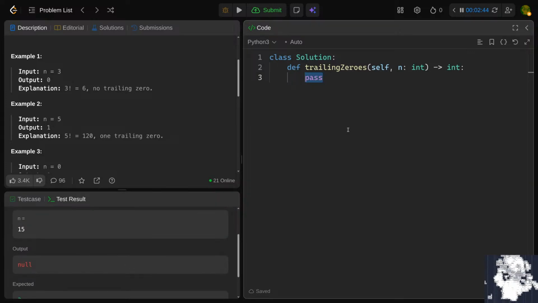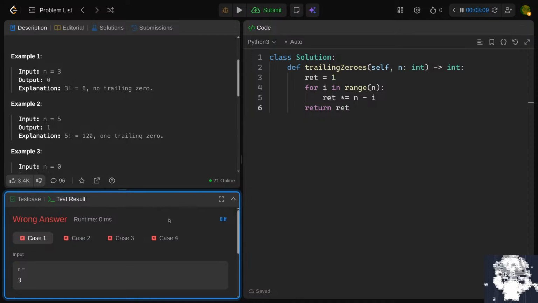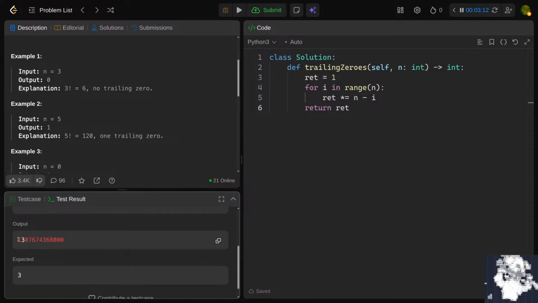I guess I do want to see, so for I in range n, ret equals 1, ret times equals n minus I. Return ret. So obviously I'm not returning the right thing, but I just want to see. So this is the factorial number. Then I could just count the zeros on the end.